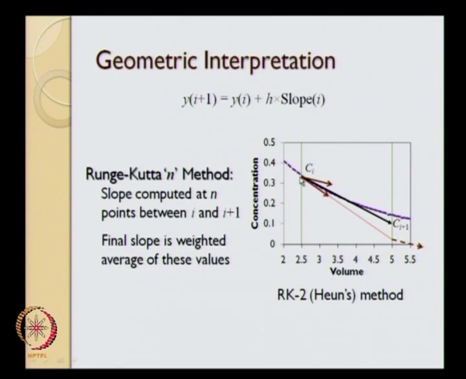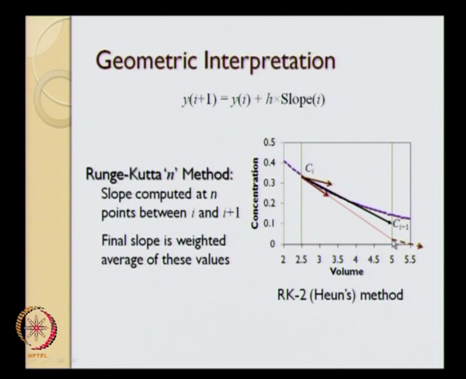Okay, in Heun's method, this particular red arrow is the slope computed at ti, Ci comma Vi. Based on the slope computed at Ci comma Vi, we project to this particular point. Note that this is not Ci plus 1, this is just the projection of Ci at Vi plus 1 using the slope at Vi.